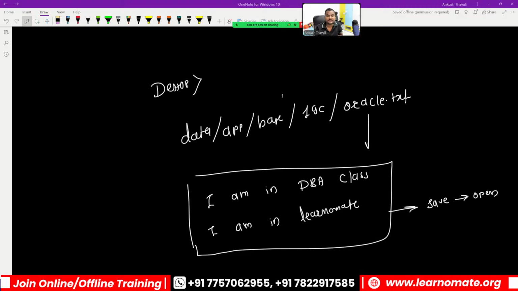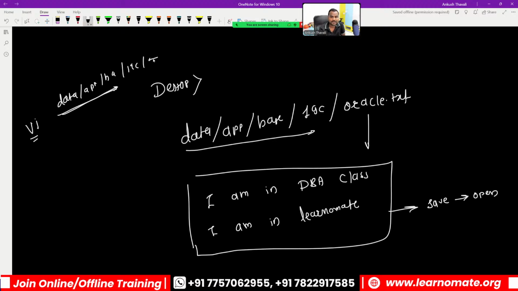See, there are two methods. One is you go inside this location and create this file, or with the vi editor, you can give the complete path like data app base 19c oracle.txt. So that file will be created in that location. You can give vi data app base 19c oracle.txt.